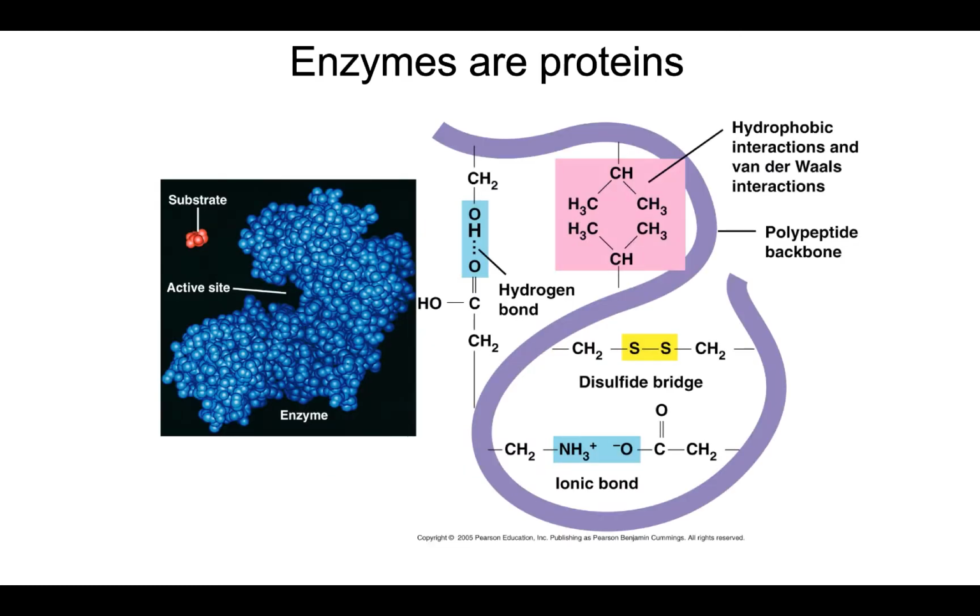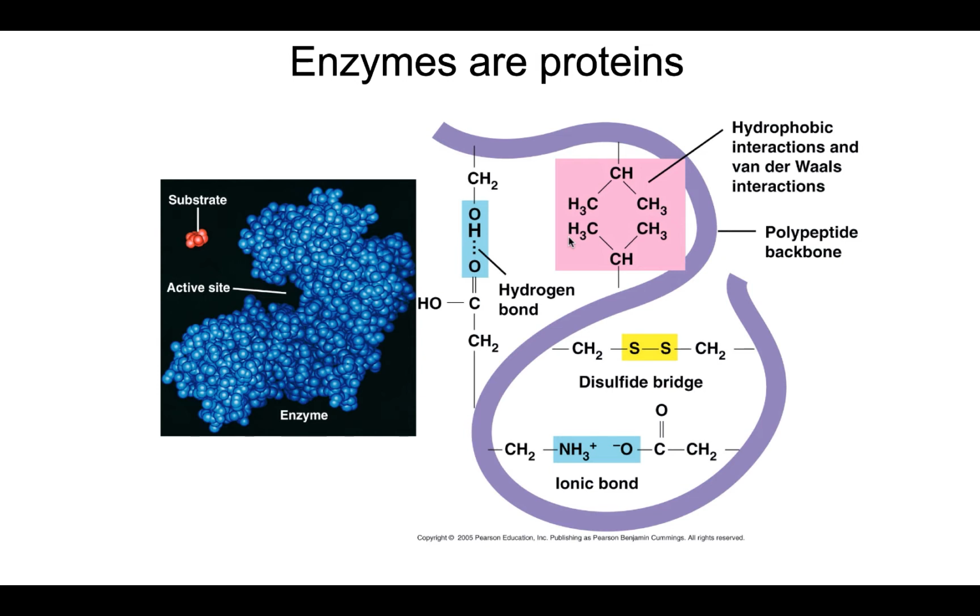So let's review enzymes. Most enzymes are proteins. As such, their structure depends upon a series of weak interactions: ionic bonds, hydrogen bonds, hydrophobic interactions. And it's these interactions that cause that protein to fold in the proper way.